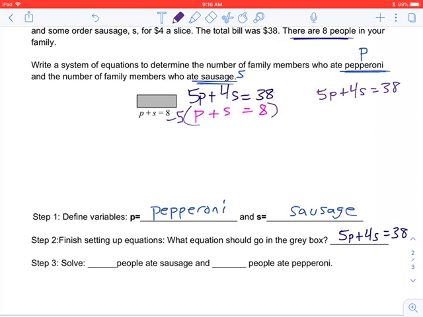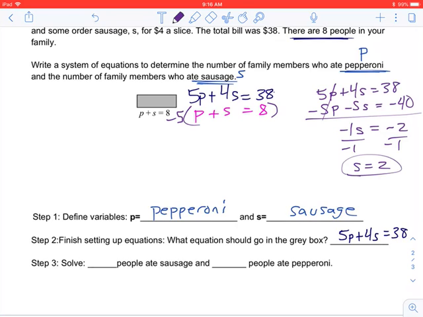And then the bottom one is -5 times P, -5 times S equals -40. Okay? And so the P cancels out. 4 minus 5 is -1S equals -2. 38 plus -40. So divide by -1, I get S equals 2 sausage pizzas.